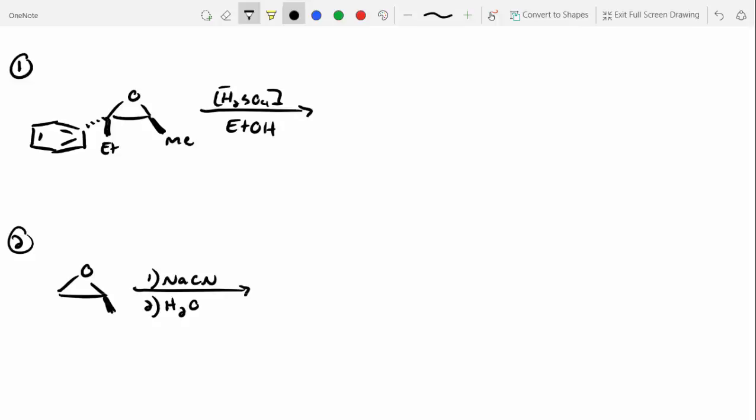Let's do these two as practice. I'm going to color code our carbons too, just for fun.